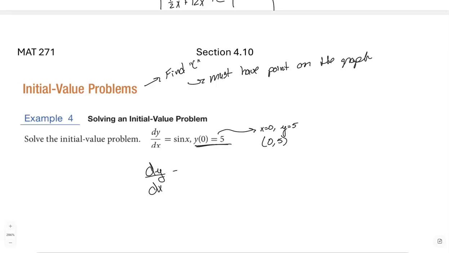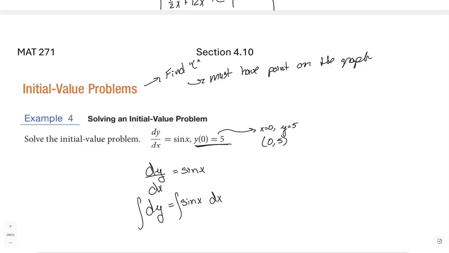So when we solve this, and this is called a differential equation, then you want to think about grouping variables. So you want all y stuff on one side and all x stuff on the other side. So we're going to multiply both sides by dx. So now I've got dy on the left, and this is sine of x times dx on the right.